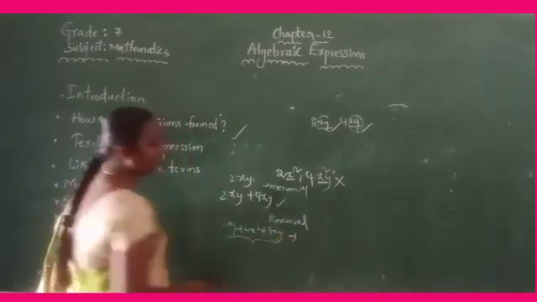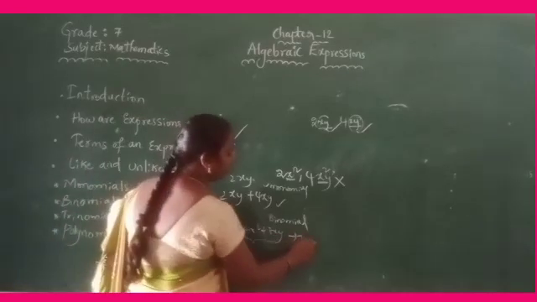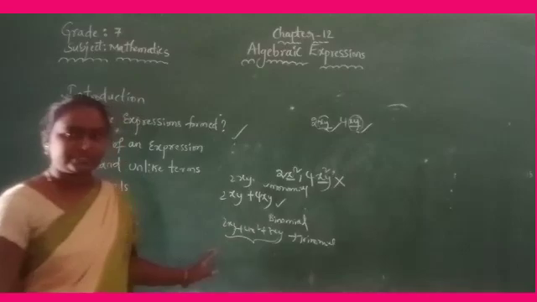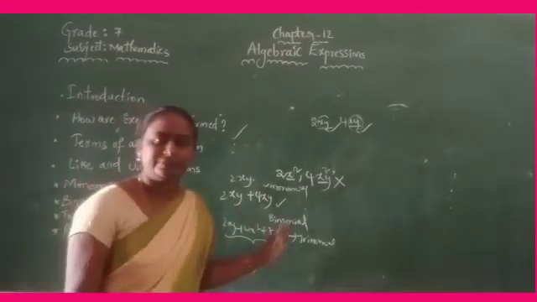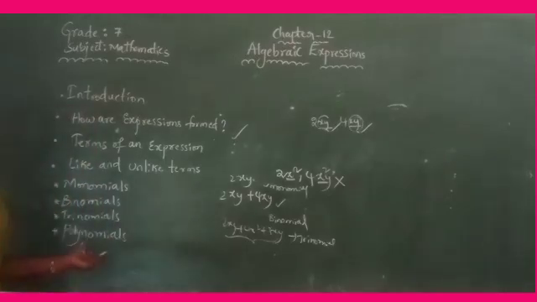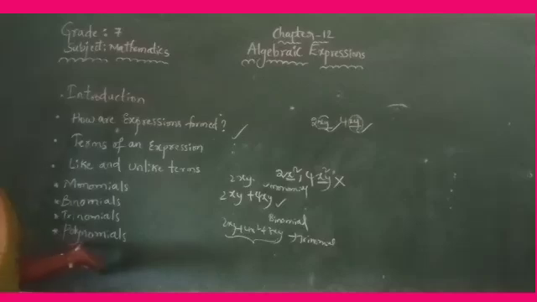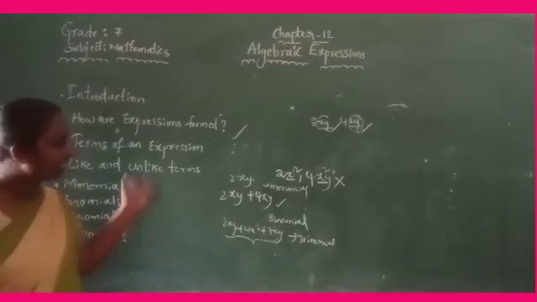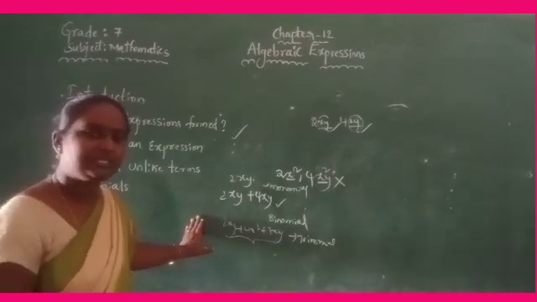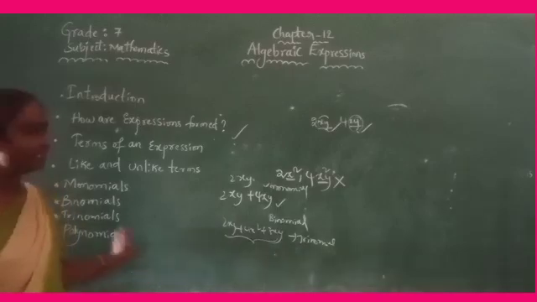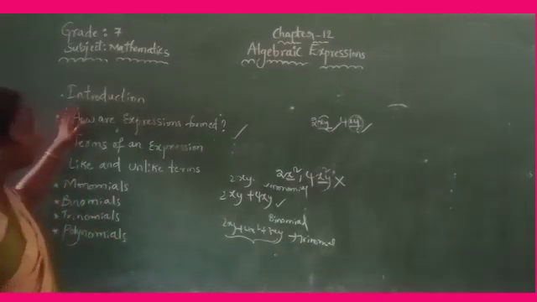We can say that it is a trinomial. If an expression contains more than three terms, we can call it a polynomial. Poly means many terms. Is it clear, children? So what is an algebra?